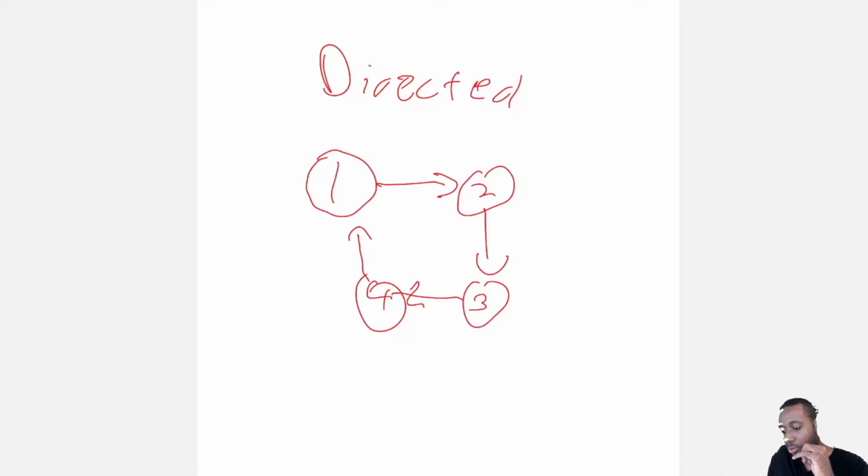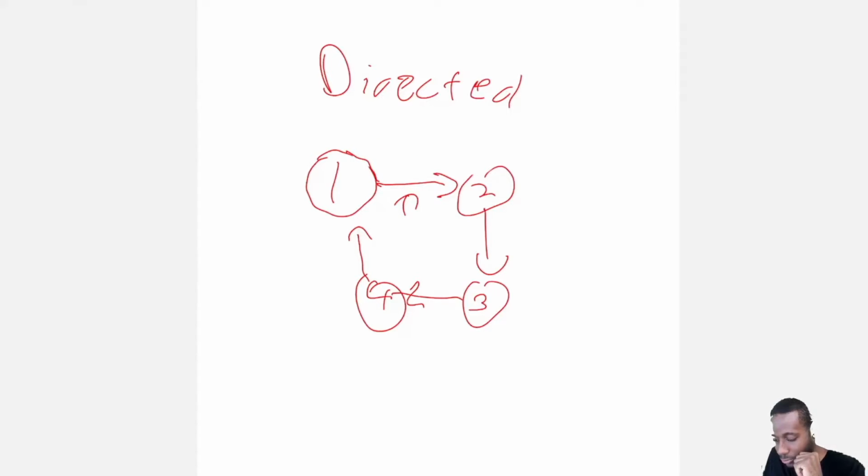With this edge, we can go from 1 to 2, but we cannot go from 2 to 1 directly, because it's directed. You can think of it like a one-way street. It can only go from 1 to 2 directly, in that direction.